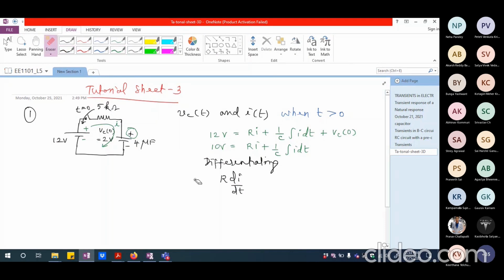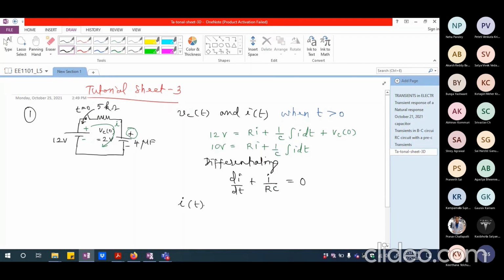This R, in fact, I can bring along with C. So I can write this as di by dt plus 1 by RC multiplied by i equal to 0, because 10 volts, when I differentiate, is going to be 0. From which I think we had already written the solution for this. If you may recall, I'm going to write it once again.